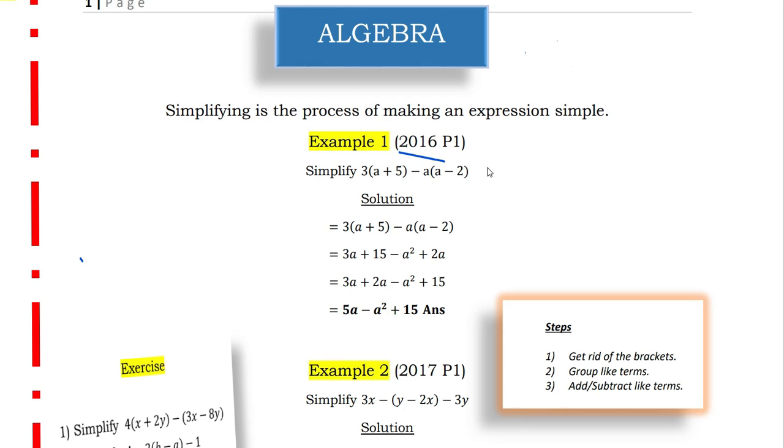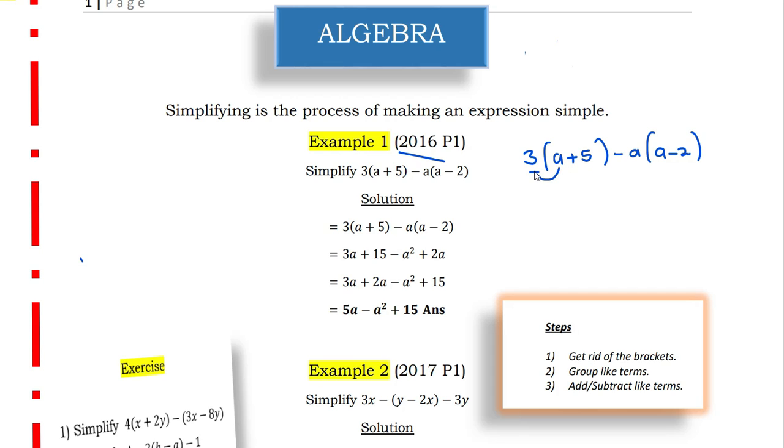For the solution, all you need to know is that when it comes to simplifying, the way it is, you've got 3(a + 5) - a(a - 2), like this. You need to know that this element in front of the brackets must be multiplied by everything that is inside.